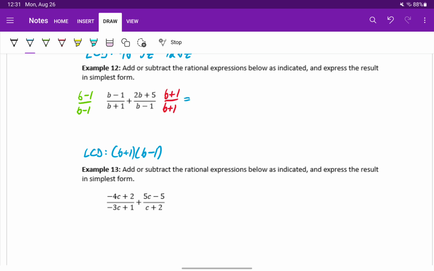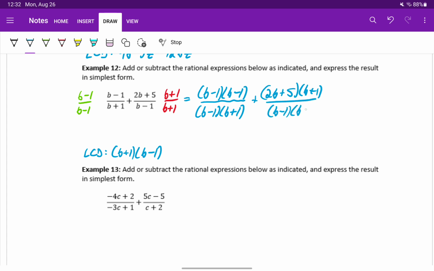So our first expression will become b minus 1 times b minus 1 over b minus 1 times b plus 1. And our second expression will become 2b plus 5 times b plus 1 all over b minus 1 times b plus 1.